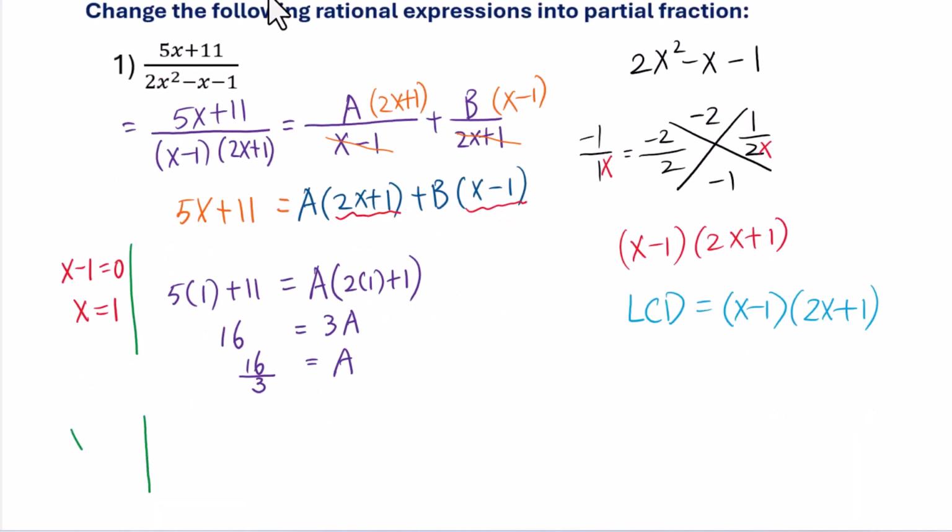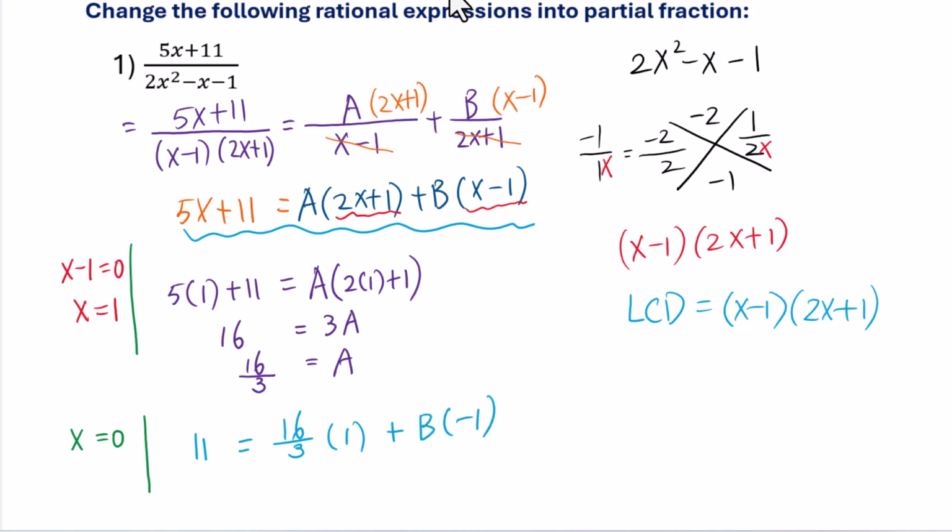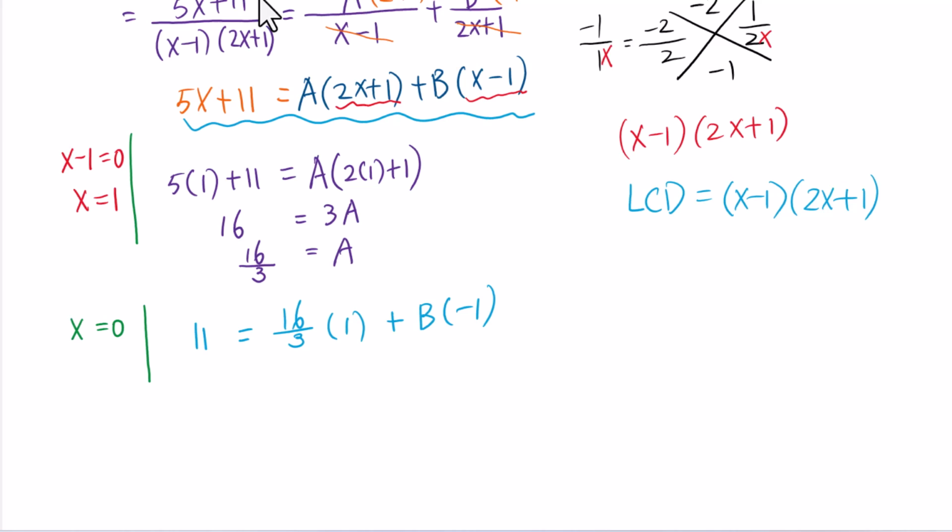I will make x equal to 0. Plug back into this equation. 11 equals a, which is 16 over 3, times 1 plus b times negative 1. Solve for b. 11 equals 16 over 3 minus b.